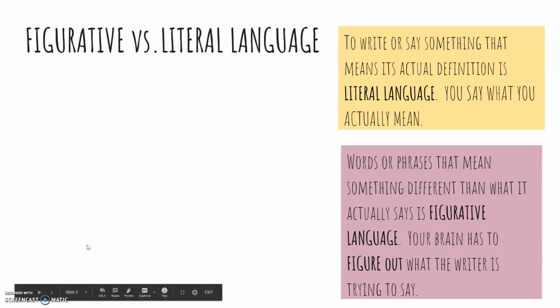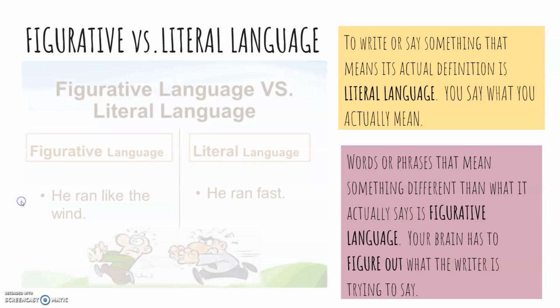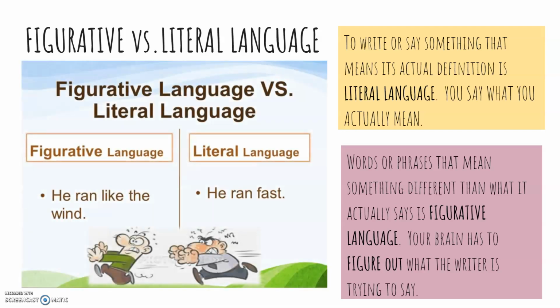Words or phrases that mean something different than what it actually says is figurative language. So your brain has to figure out what the writer is trying to say. Now, I'm going to show you a picture that better explains what I mean. If you take a look at the man on the right, he ran fast. That's simple. You actually mean what you say.